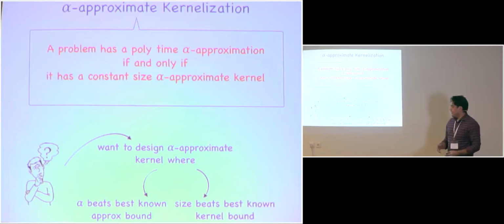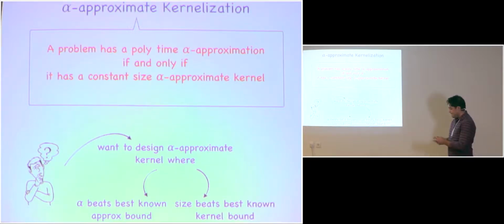Because if you have, let's say, a 2 approximation for a problem, and then you're trying to get a 3 approximate kernel, there's no point, because we just saw that there is an easy 2 approximate kernel of constant size.